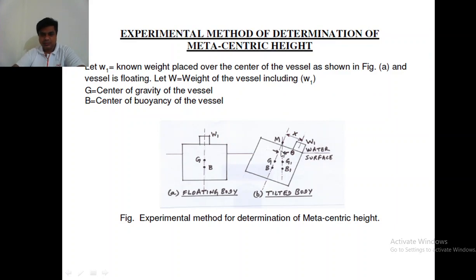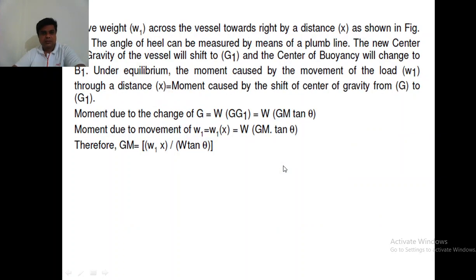Here you can assume a triangle, and you can use trigonometry to calculate the distance GG1. The moment due to the change of G is nothing but W into GM tan theta.